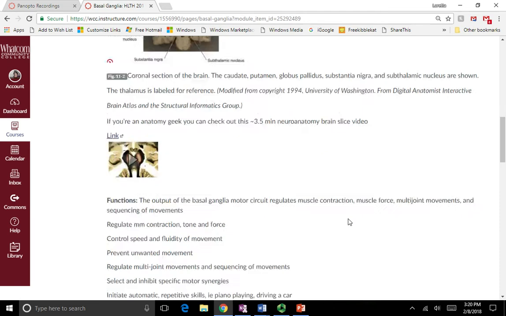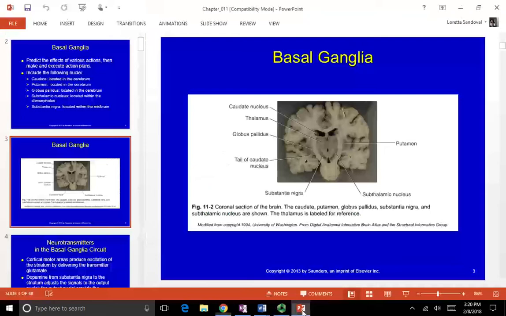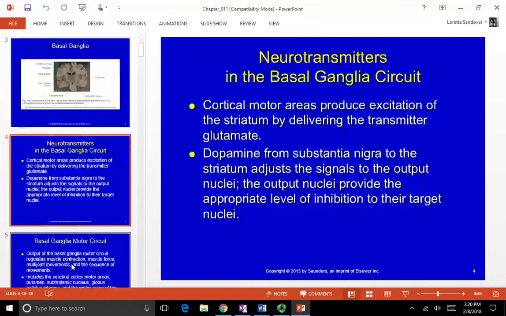So the basal ganglia actually have a lot of functions. They exert their function through neurotransmitters, trading neurotransmitters with other areas of the body, just like everything else in the nervous system.